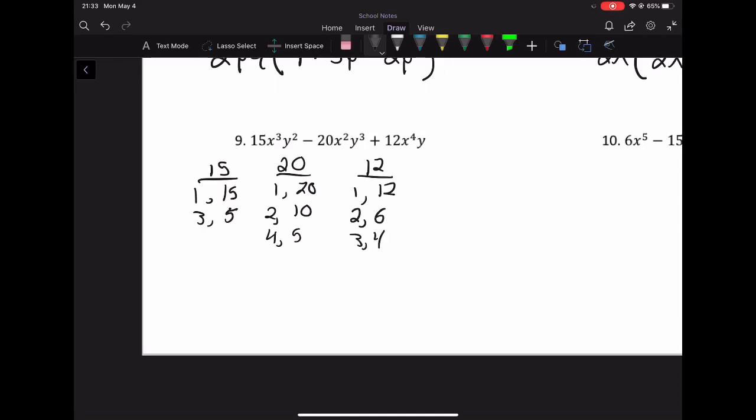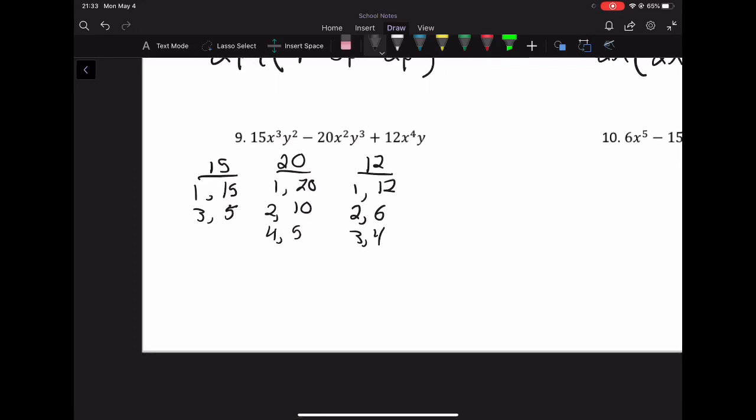So collectively, our GCF for leading coefficients is just going to be 1, even though different combinations of them have greater common factors with each other. But we'll only take 1 out of this, so we don't have to write it. We could just leave it as is.